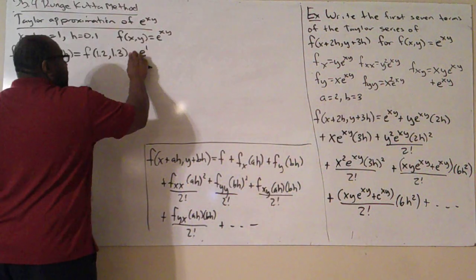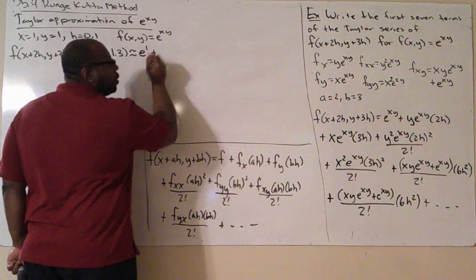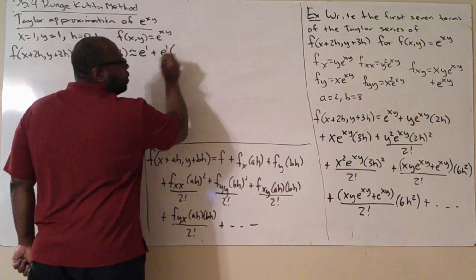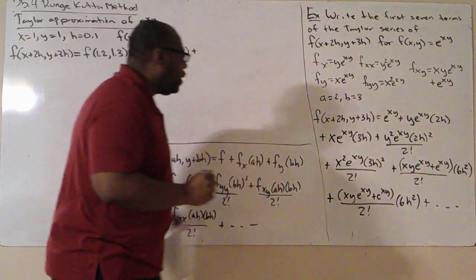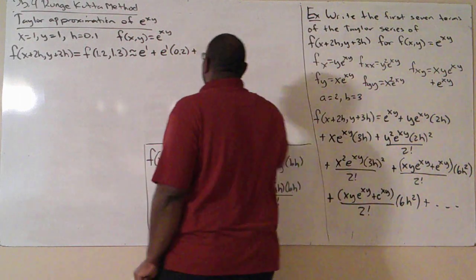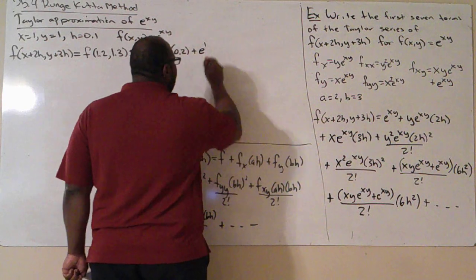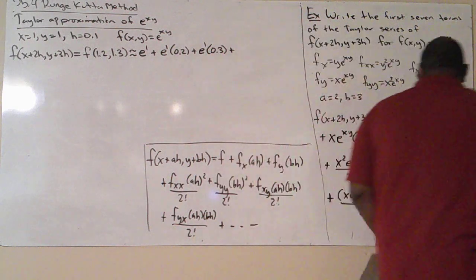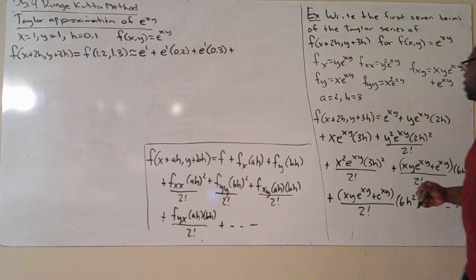So I'm going to say this is approximately equal to, plus 1 times e to the 1, 2h, which is going to be 0.2, plus, this becomes 1 times e to the 1, times 3h, which is 0.3, plus, this term becomes 1 squared, which is 1, times e to the 1, right? Divided by 2 times 0.2 squared.